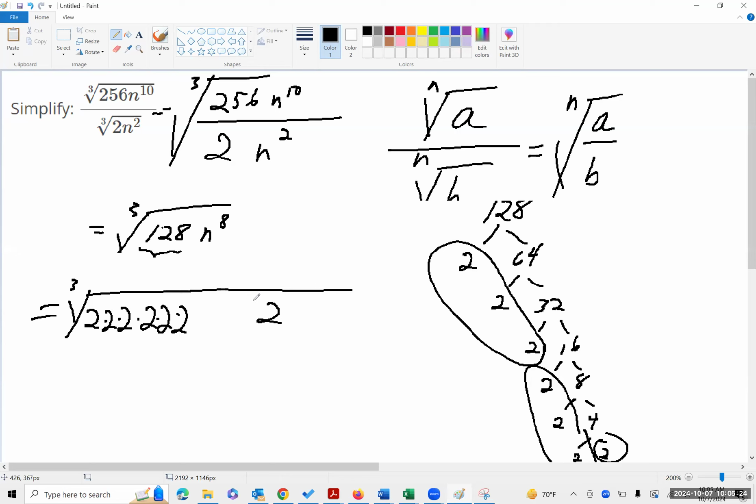And then the n to the 8th, I need to break that up into something where this number is divisible by 3, and it doesn't matter what that one is. So the biggest thing that is less than 8 and divisible by 3 is 6. So I'm going to leave n to the 6 over here, and then n squared over here.